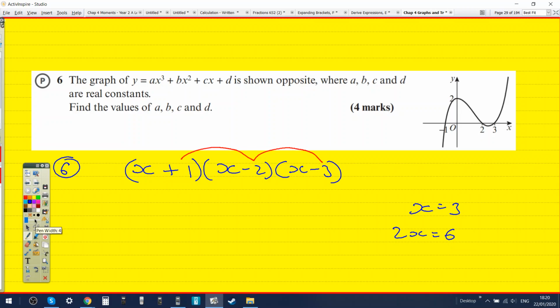Yeah. And so what times what will give us 2? 1 times 2 times 1. So let's say she said 2 negatives, so I'll do -2 and -1. And so which one got changed? The -1. And so what must that bracket be so that you get an answer of x equals 3?